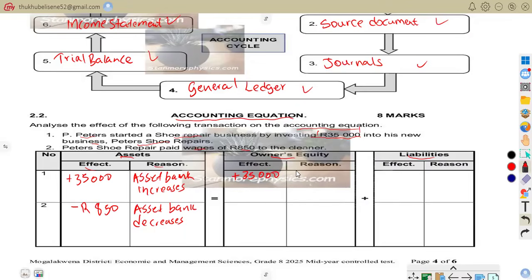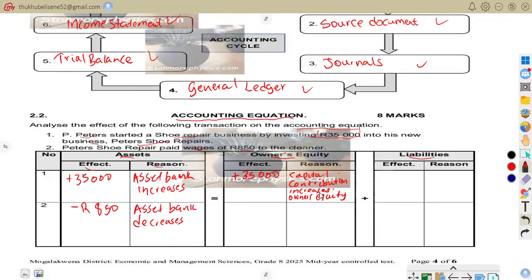Why are we doing that? Because that is a capital contribution. Capital contribution increases owner's equity.